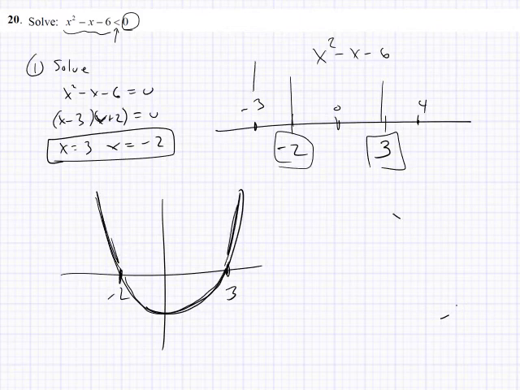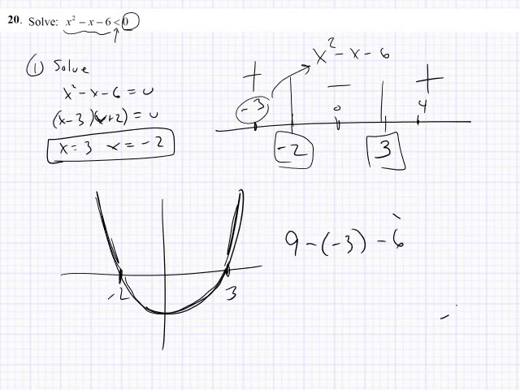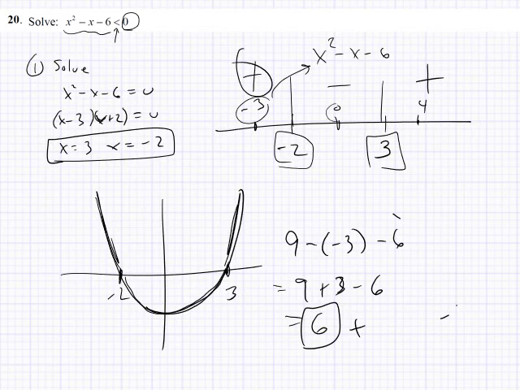So we should get plus, minus, plus with our chart. But also if I just plug negative 3 into that, you should see you're going to get 9 minus negative 3 minus 6, which is 9 plus 3 minus 6, and therefore 12 minus 6, which is 6, a positive value. So either by plugging this in, we could see we're going to get a positive, a negative, and a positive, or by looking at the graph.